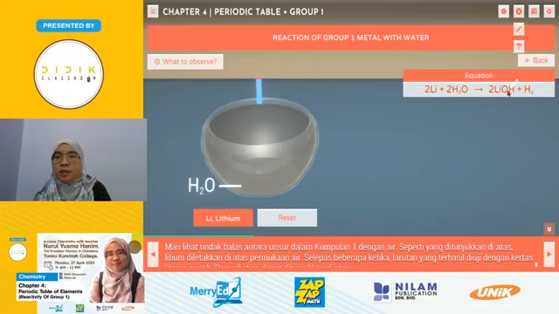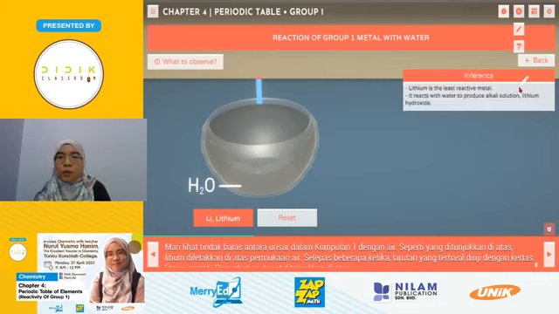Lithium hydroxide is produced together with hydrogen gas, and your solution now is alkaline because it consists of lithium hydroxide. So from the observation here, lithium is the least reactive metal, and it reacts with water to produce an alkaline solution, which is lithium hydroxide.